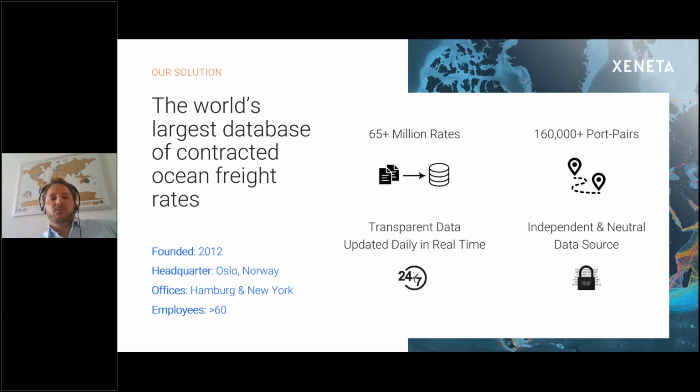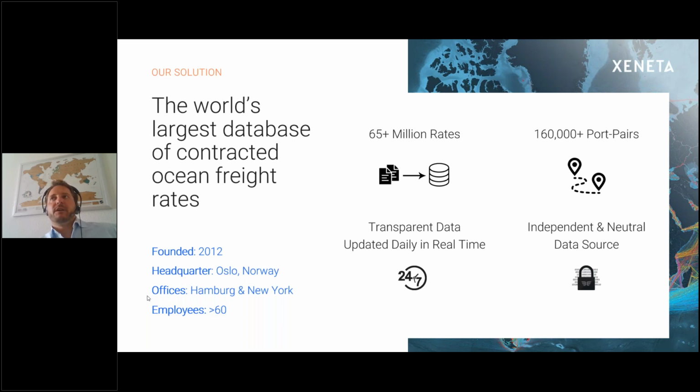What are we today? Well, we were founded in 2012 by two former Kühne + Nagel managers. Our headquarters are situated in Oslo, and we have now grown into an established company with over 60 employees, with several offices around the world.